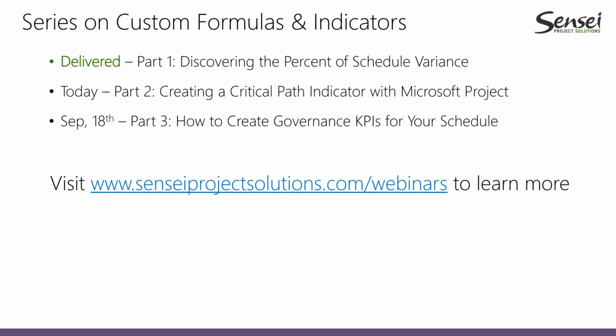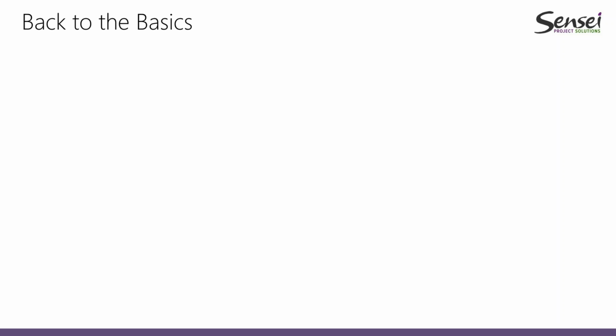Before we get started, let's talk about the basics. For those of you who didn't have the opportunity to watch the previous session, we started talking about how Project calculates a schedule variance.